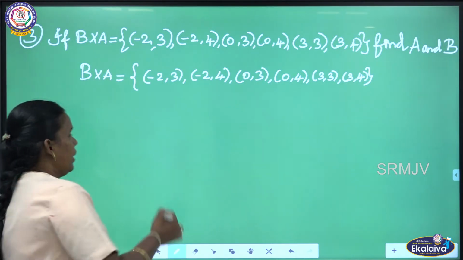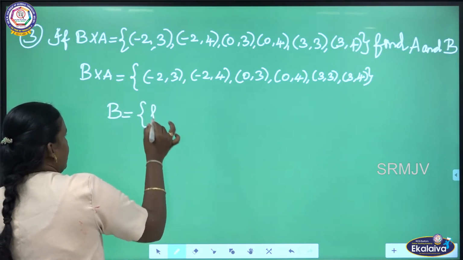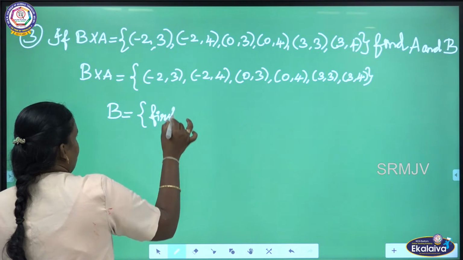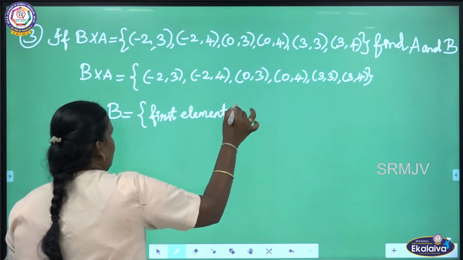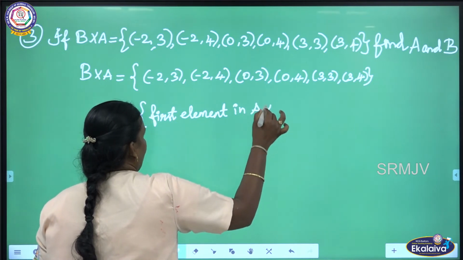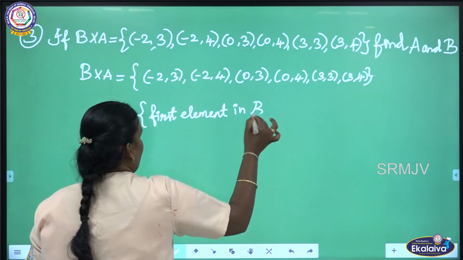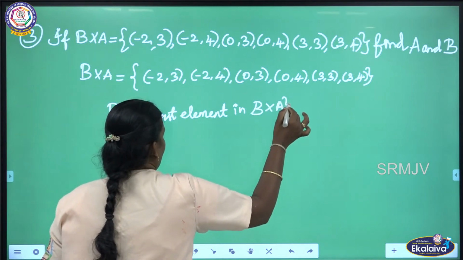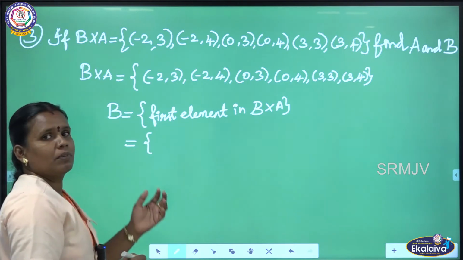After writing this given question B cross A, we need to write the sets A and B. The B set will be the first elements in the cross product B cross A. Then what are the first elements we have in B cross A?